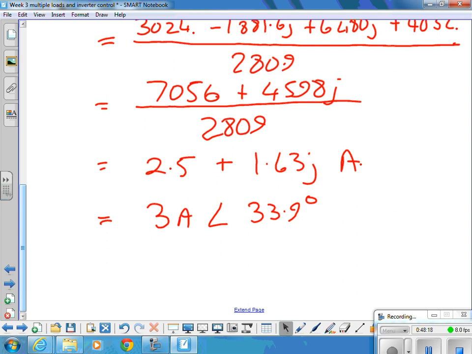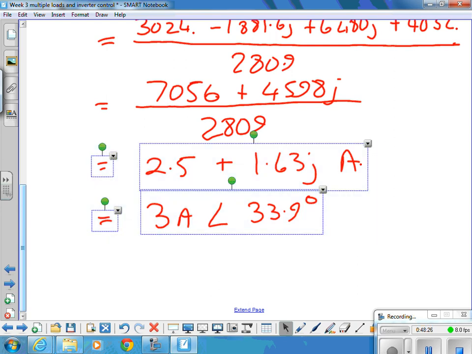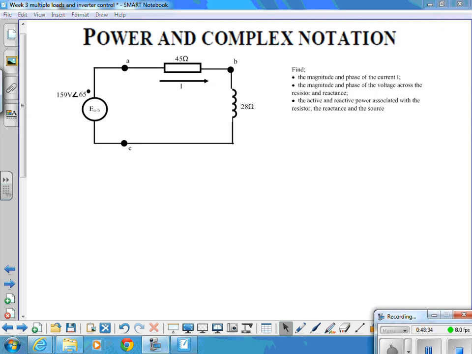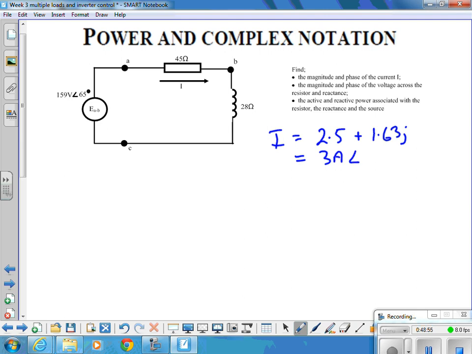So, having done that, what can we now find about our circuit? We've found the magnitude and phase of the current I. Just remind me what that is in both forms, and I'll write it down here. 2.5 plus 1.63 j, and in polar form 3 amps, angle 33.9 degrees.